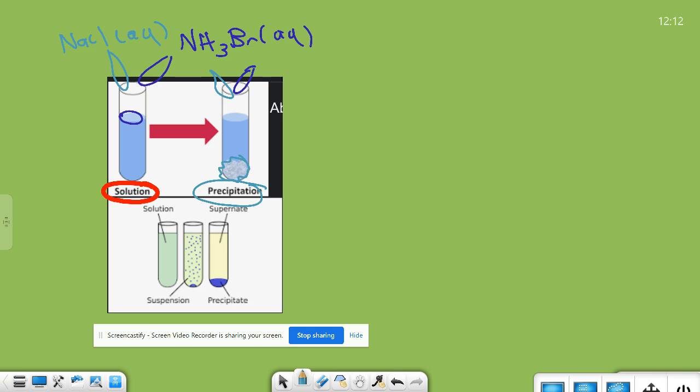Most of the time, when you have a precipitation reaction, you have this part, the precipitate, which is a solid substance, and then you have the rest of it, which will be a liquid substance, a compound dissolved in the water, which is called aqueous, which means dissolved in water.